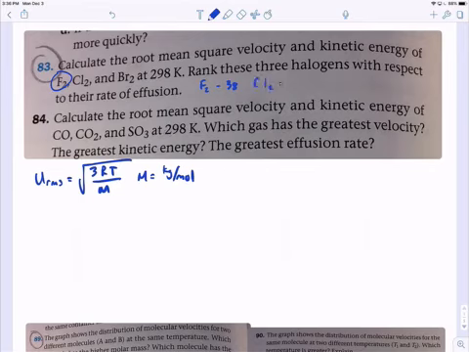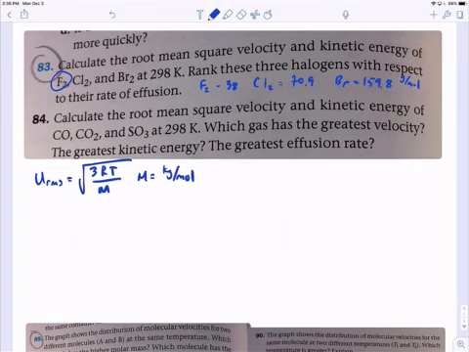Chlorine is 70.9 grams per mole, and bromine is, what is bromine, is it 79.1? 79.9. So Br2 is going to be 159.8 grams per mole.